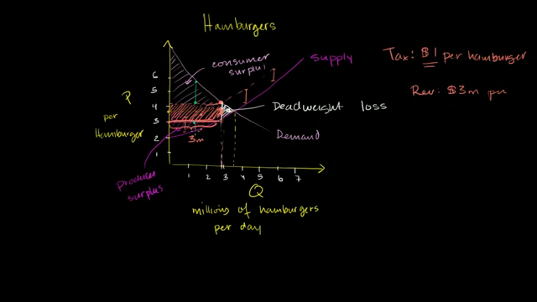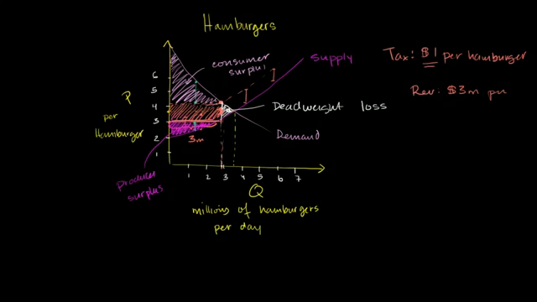The excess of what they're getting for each hamburger versus their opportunity cost is now less. So the producer surplus has now been shrunken back to this area right over here. And these are curves here, so we can't just do simple geometry to figure out the area of triangles. You would actually have to do a little calculus to figure out the area of these curves. And then the consumer surplus has been pushed back to this area above the orange right over here.